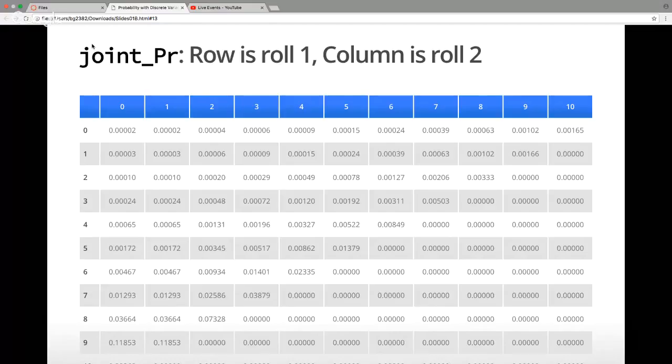So you could exclude all the ones that are impossible, or you could leave them in and call them probability 0. It's a little bit easier to include them in this case. So does everybody understand what this table represents? The joint probability of something happening on the first roll and something happening on the second roll. Questions?